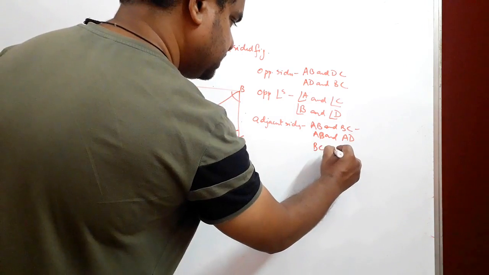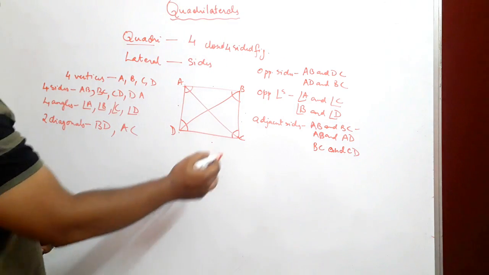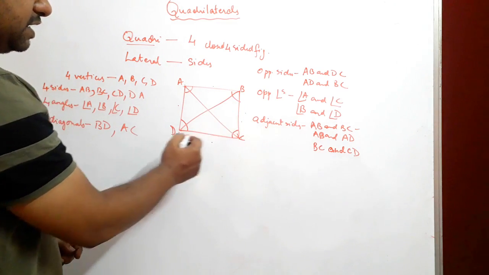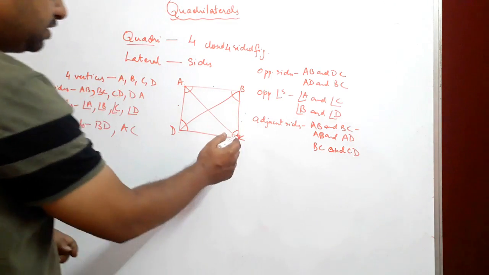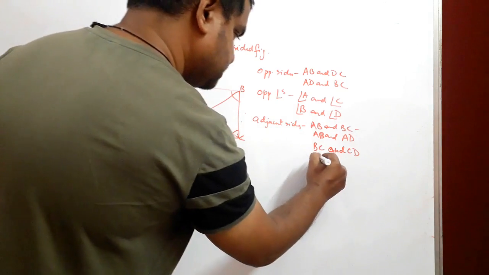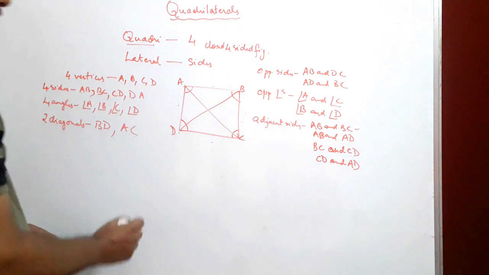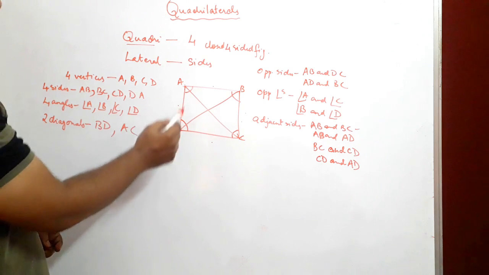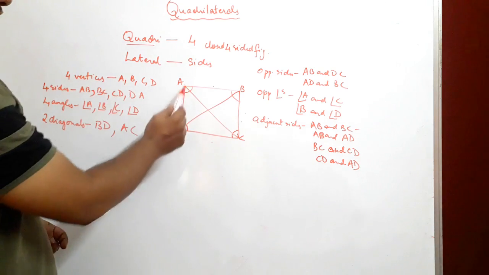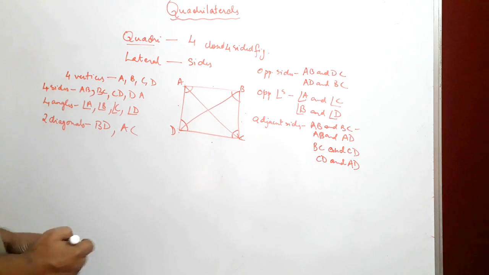Then for CD, we have BC and CD, already listed, so the other side is CD and AD. And for AD, we have AD and CD, and AD and AB, already listed. So these are your adjacent sides.